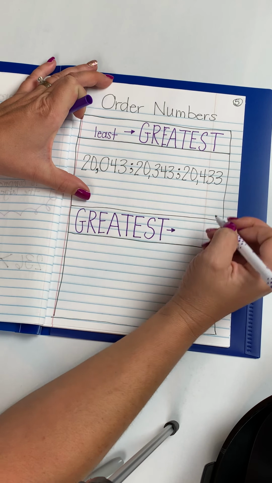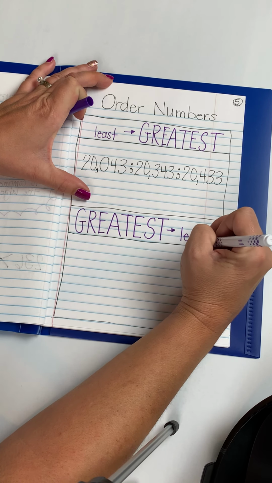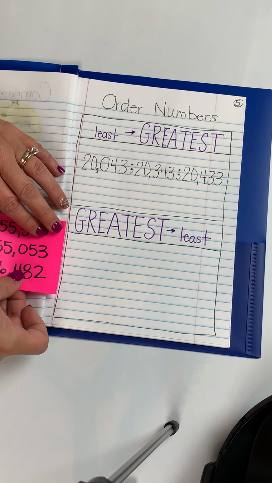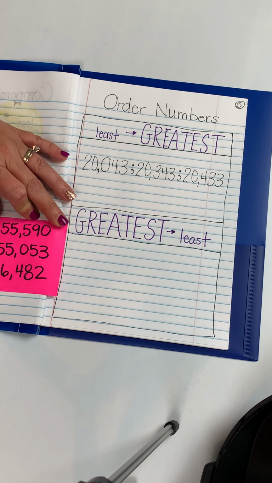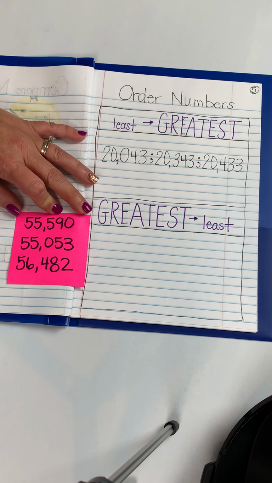To, I just do an arrow there. Least. So this time, if it says greatest to least, we are going to look at a list of numbers and we are going to write the biggest or the greatest one first.